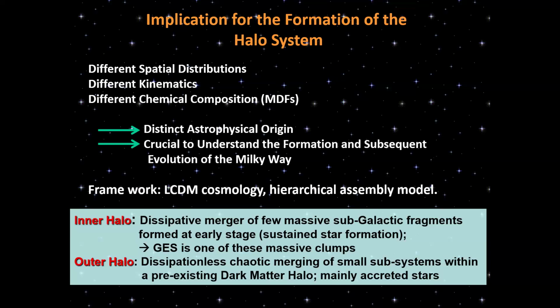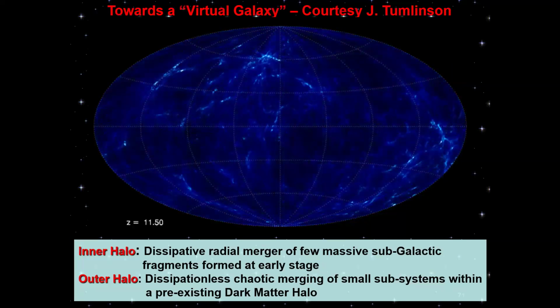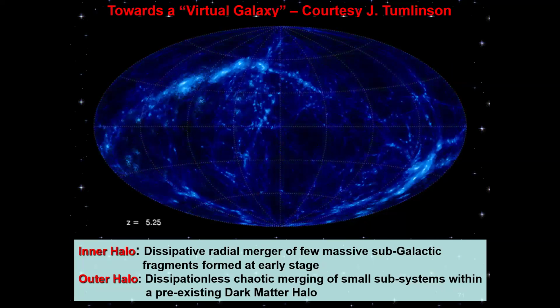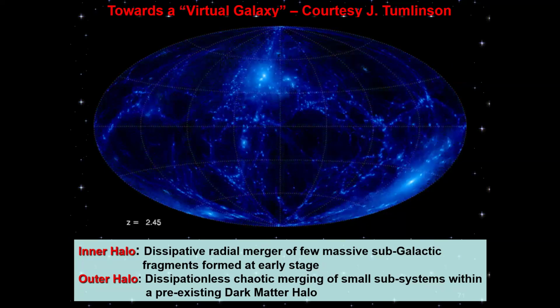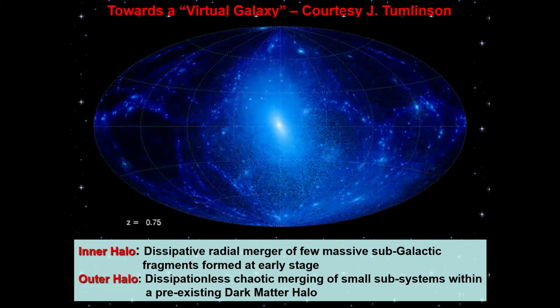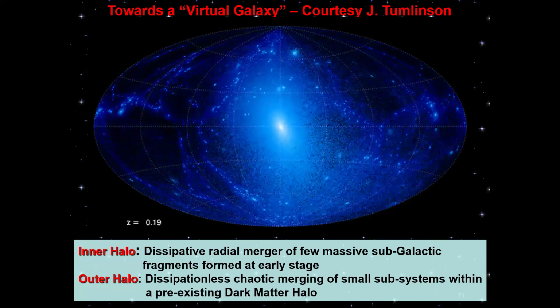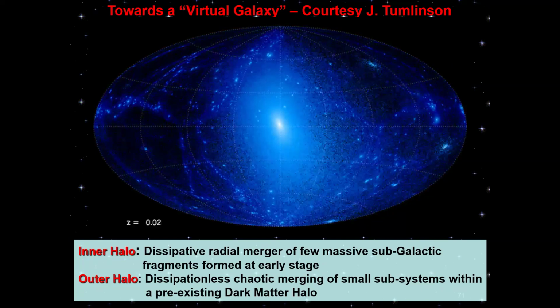Or if they survive today, we can observe them as ultra-faint dwarf galaxies, satellites of the Milky Way. This is a very cute simulation of what I just said: the formation of two big clumps, which merge and grow, and then the chaotic merging of small-mass subgalactic fragments later on.